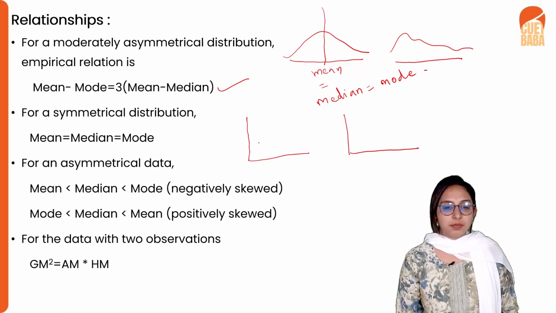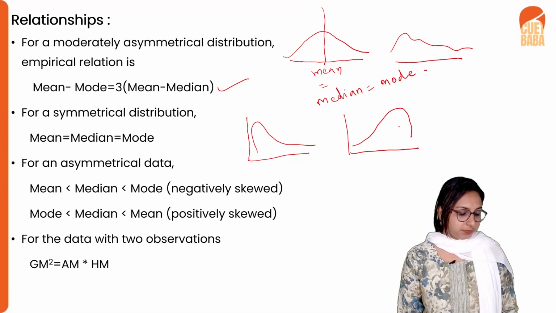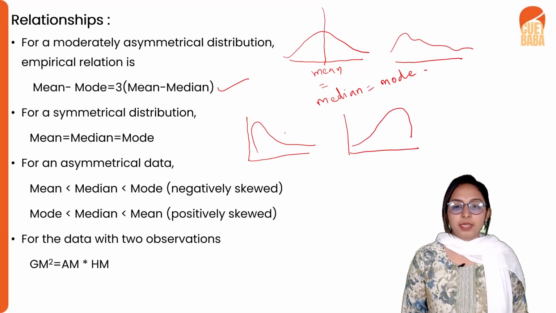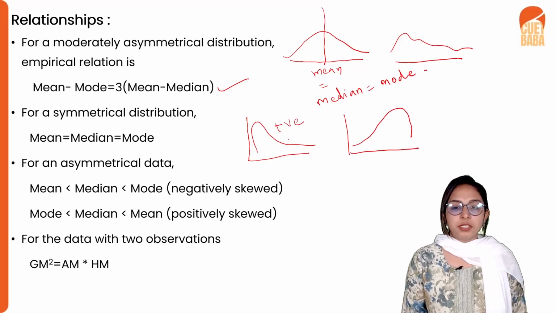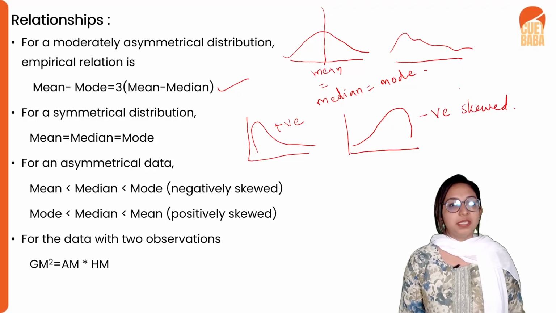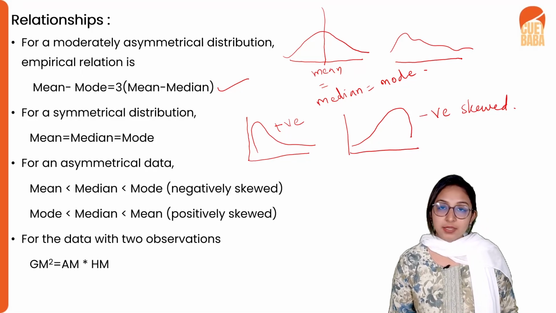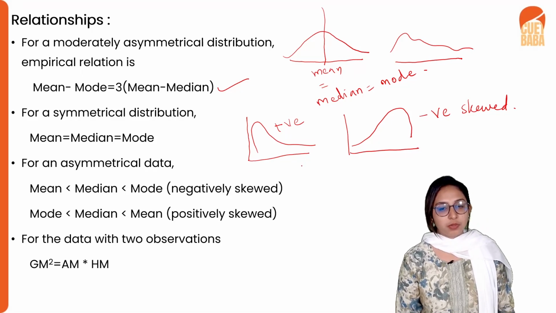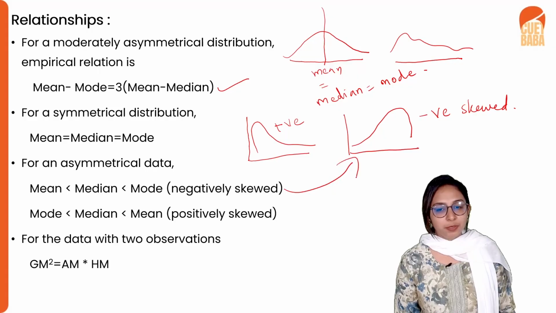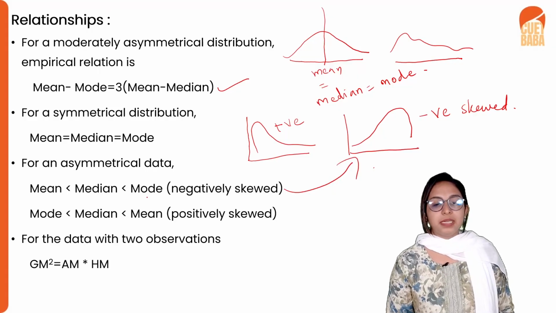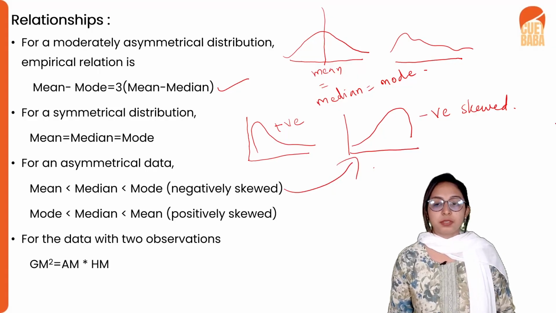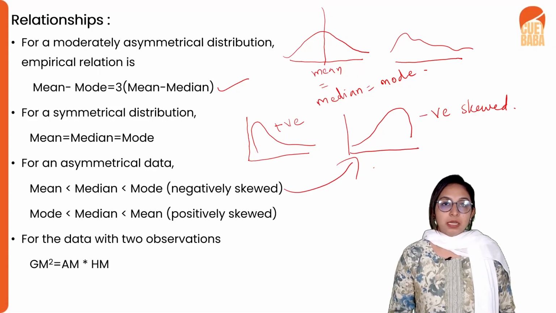Let us consider this graph and this graph. Here we can say that this is positively skewed and this is negatively skewed. We will discuss skewness in detail in the coming slides. For now, a negatively skewed distribution has mean less than median, less than mode. For a negatively skewed distribution, mode will be greater.